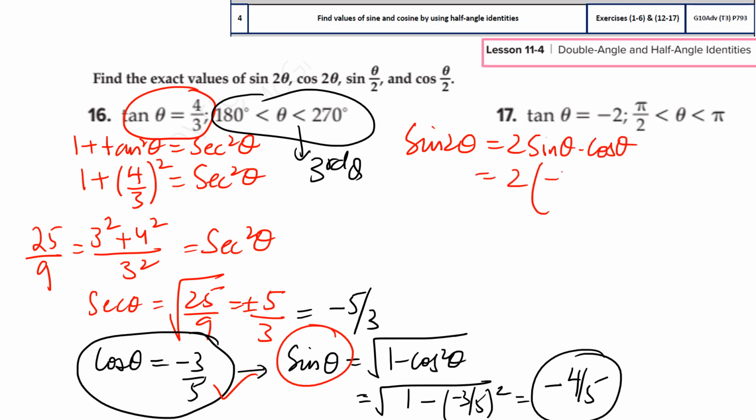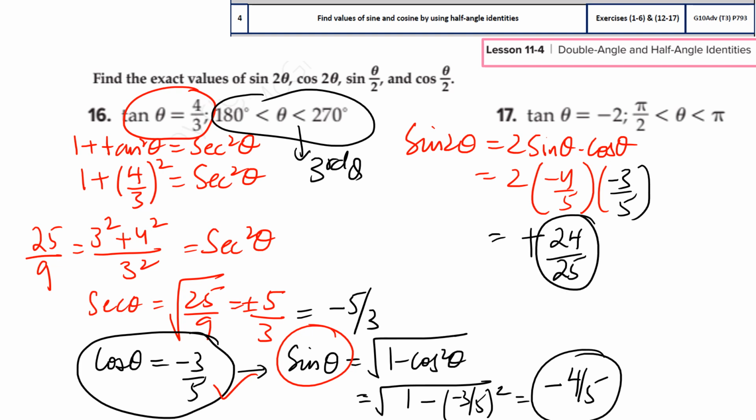Sine theta is minus 4 by 5, cos theta is minus 3 by 5. Nothing cancels, minus minus becomes plus. So 24 over 25. That's the value of sine 2 theta.